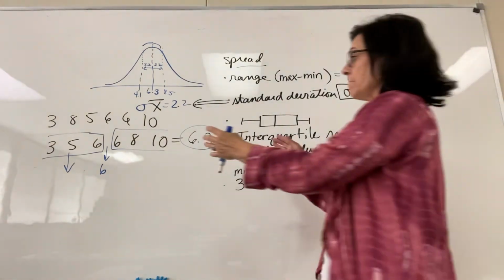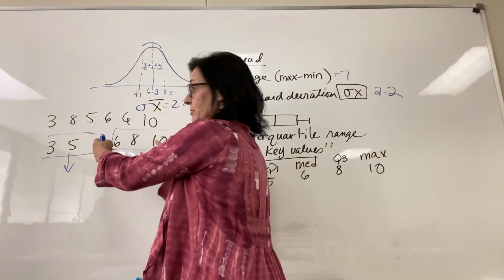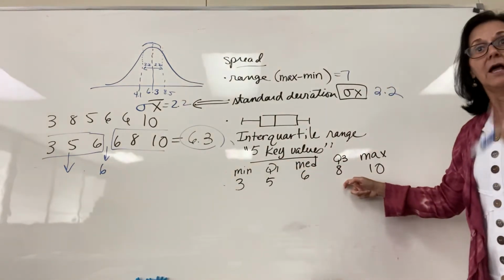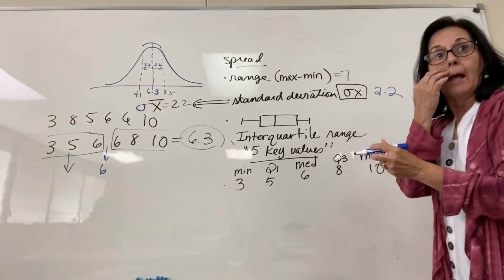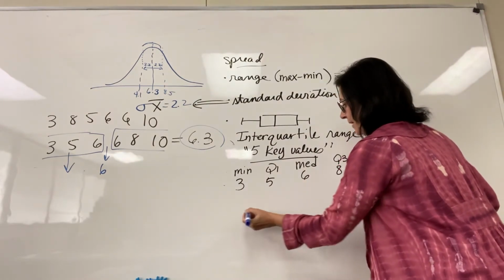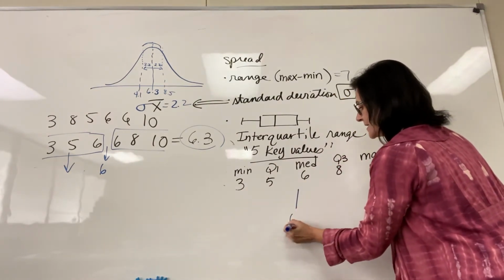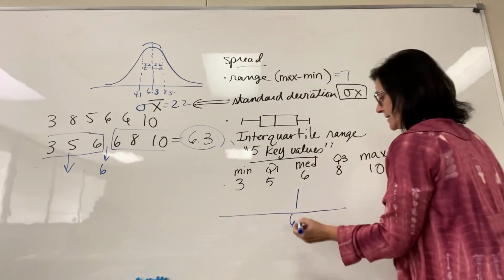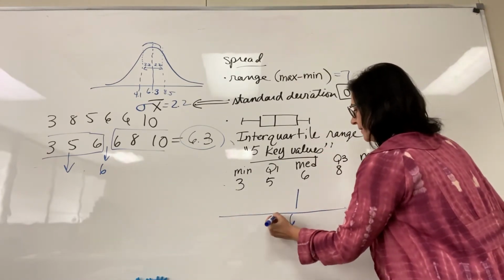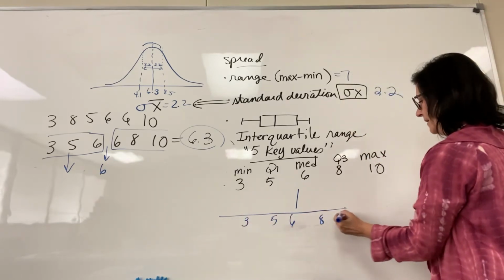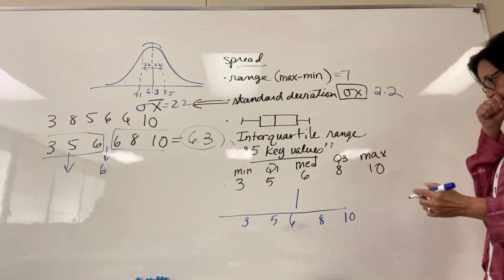Quartile 3 is the median of the top numbers. So if I were drawing my box and whiskers plot, right at 6 would be, I'd do like an x-axis, right? 3, 8, 10.